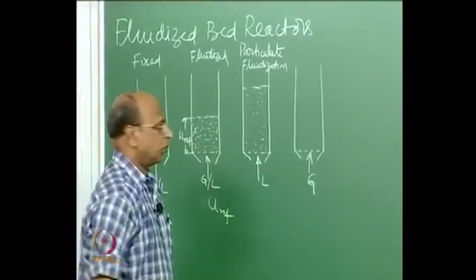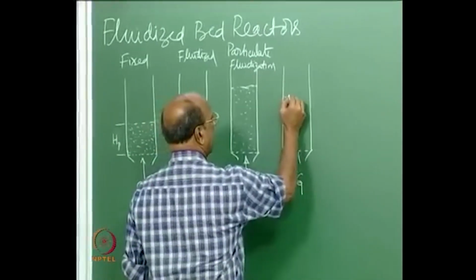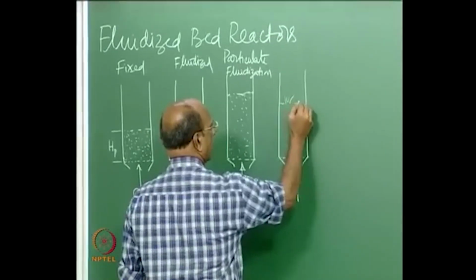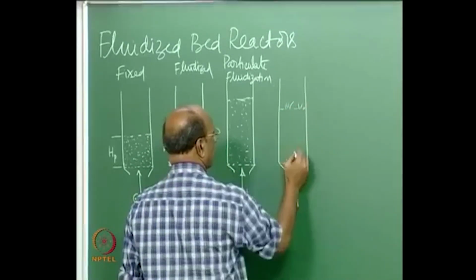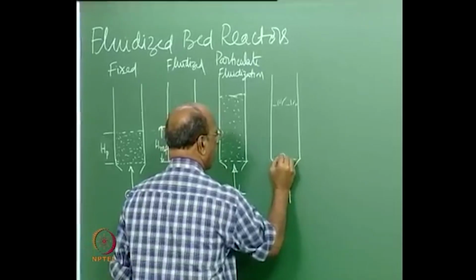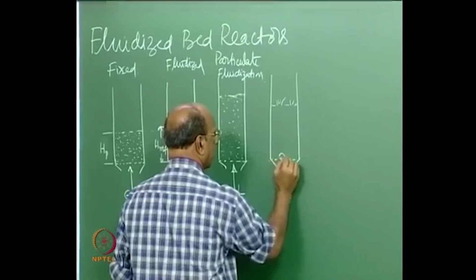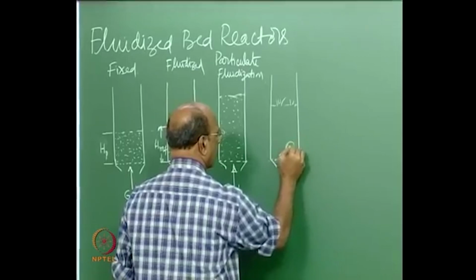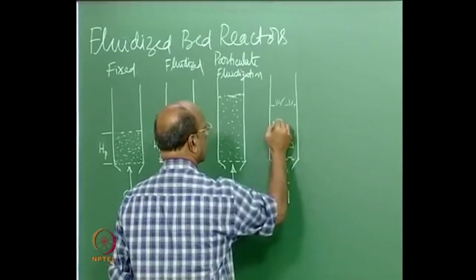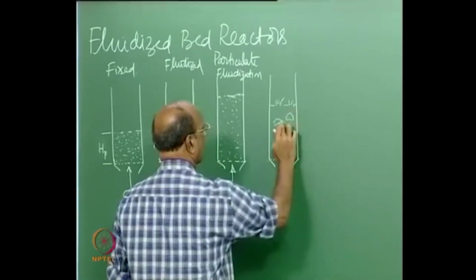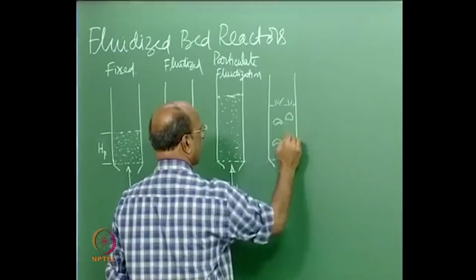it is not so smooth. So, you will have here a bed, these are the bubbles. So, you will have small bubbles forming here, growing like this. Even though we take spherical bubbles, they are not like that.